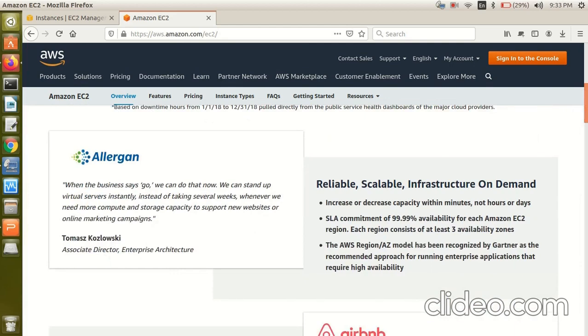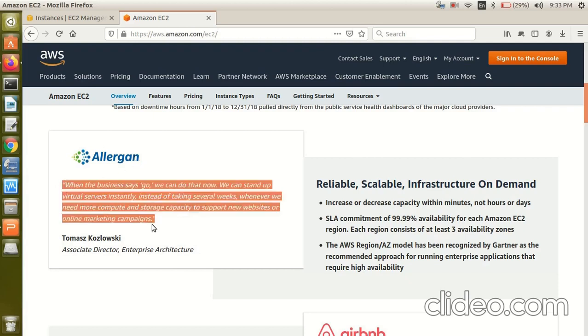The first one shown here is the company Allergan. It is one of the famous pharmaceutical companies, and they say that when the business says go, we can do that now. We can stand up virtual servers instantly instead of taking several weeks, whenever we need more compute and storage capacity to support new websites or online marketing campaigns.